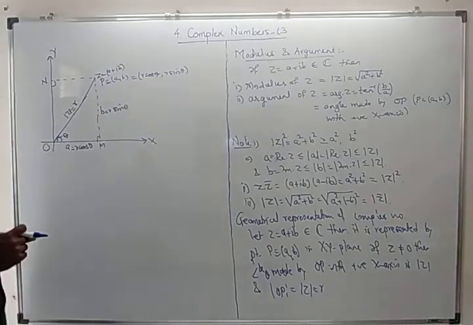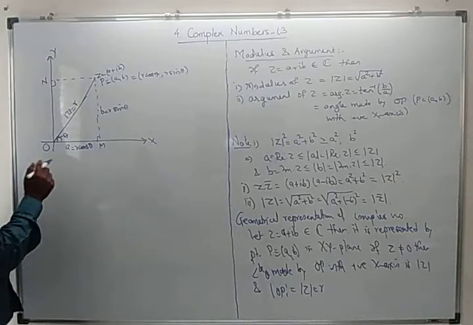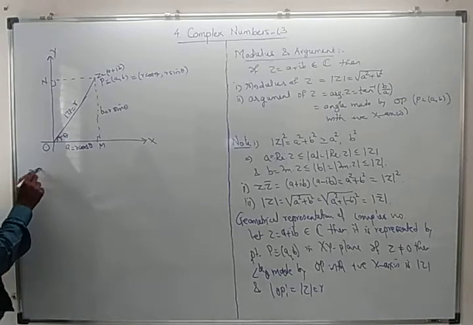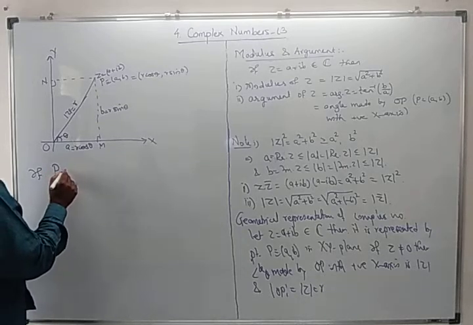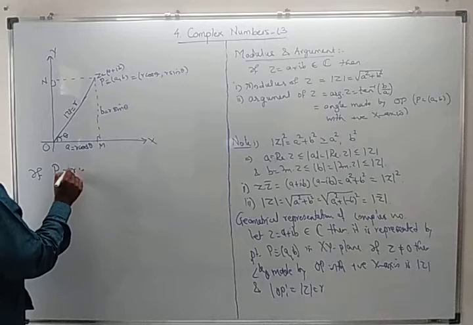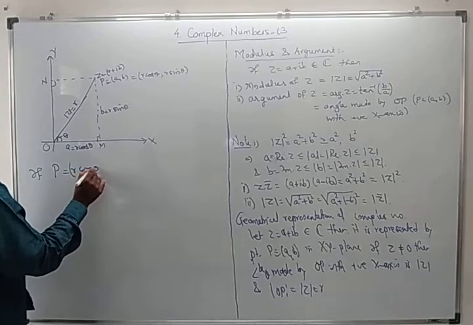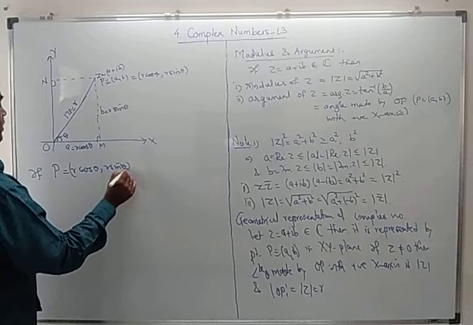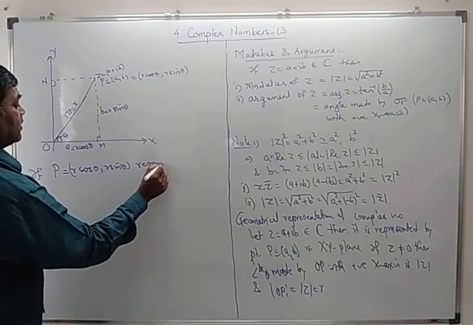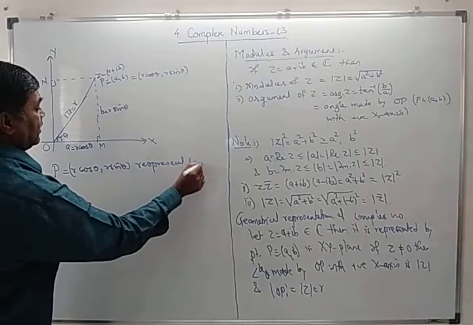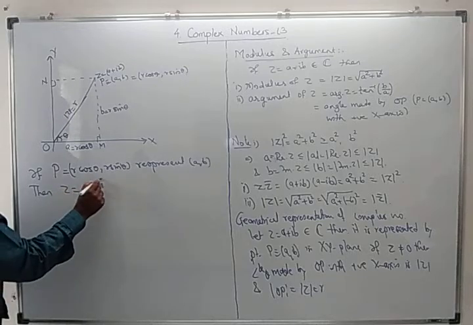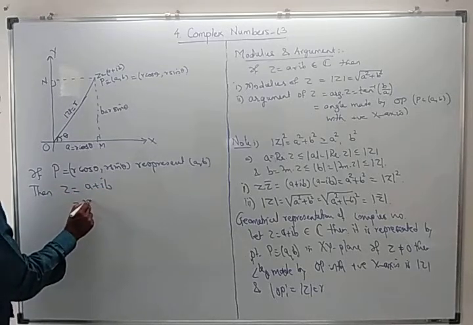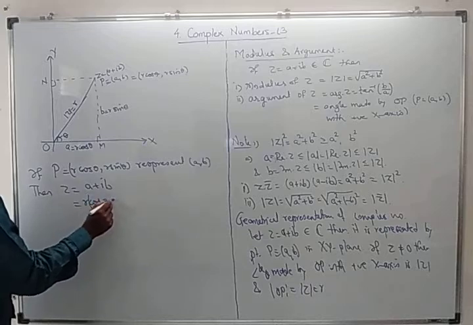if P is equal to (r cos theta, r sin theta), represent (a, b), then z is equal to a plus ib is equal to r times cos theta plus i sin theta.